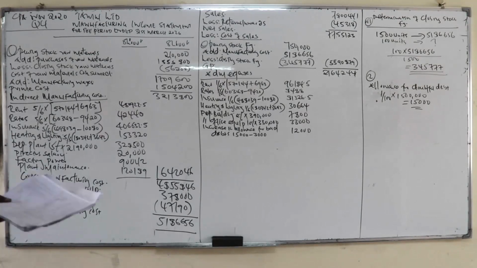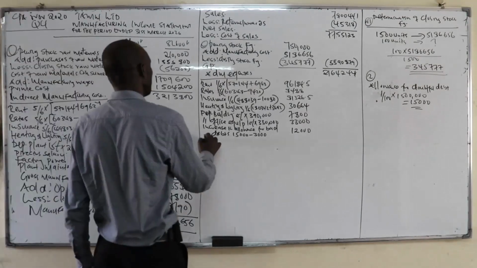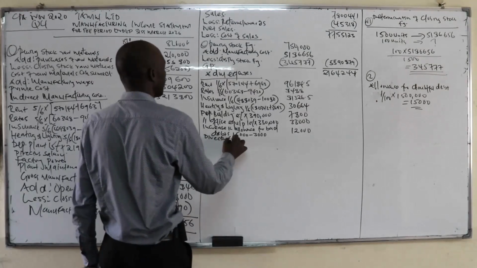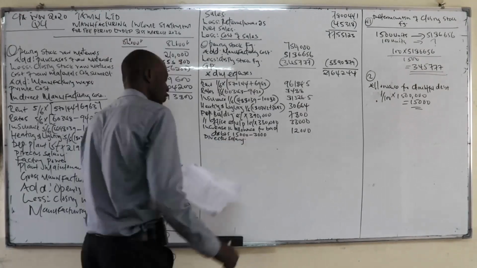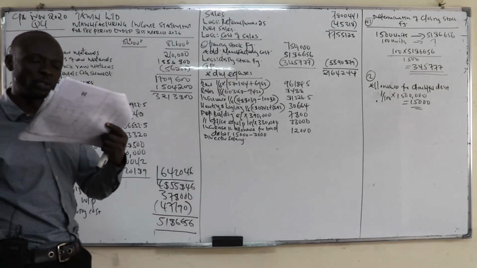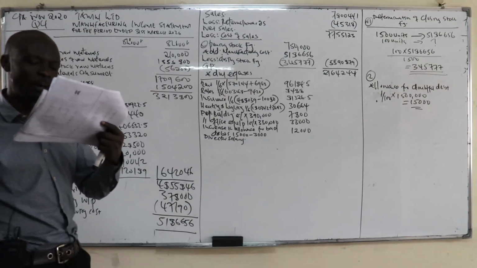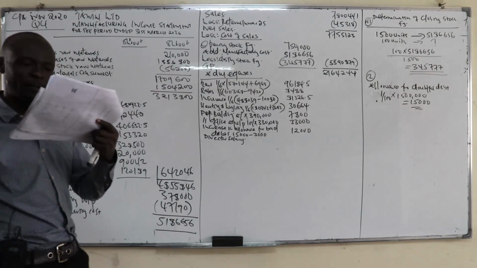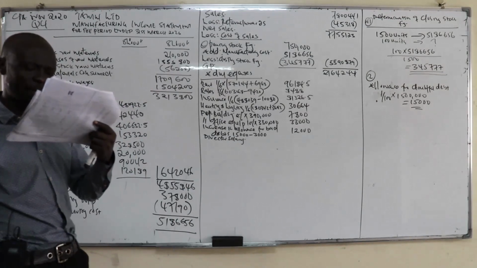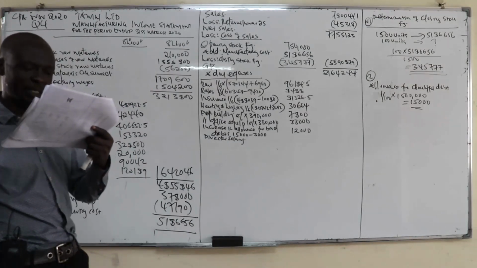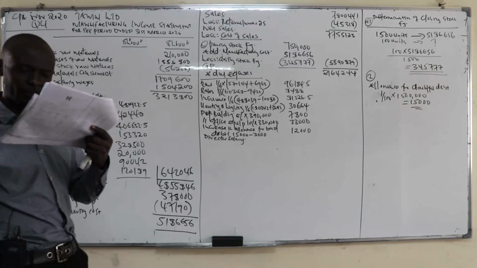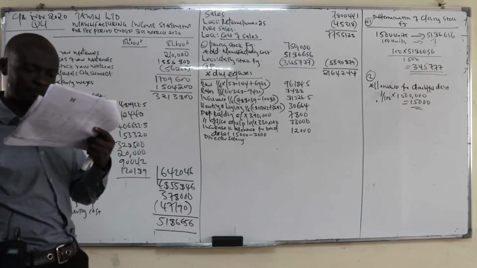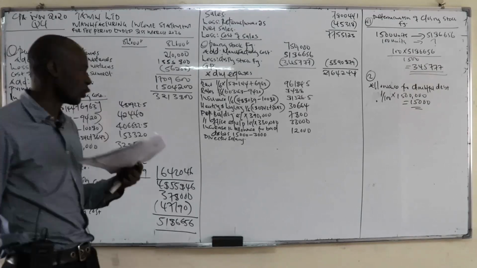And then we had director's salary. So we had been told the total director's salary was, how much was it? Where is this figure? Why am I not seeing it? Where is it? Oh, it's there near heating. 9306, isn't it?